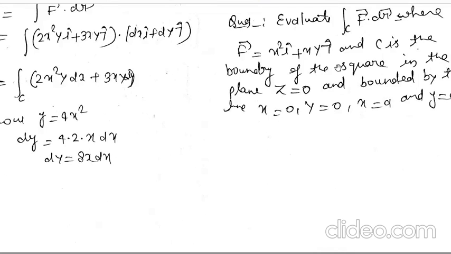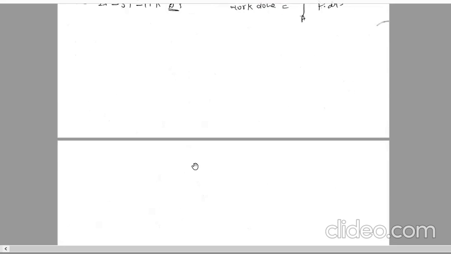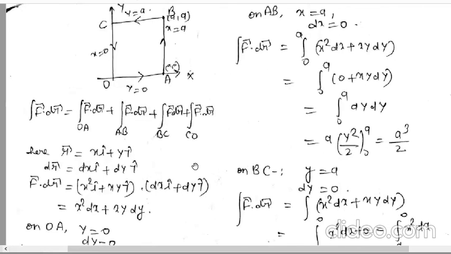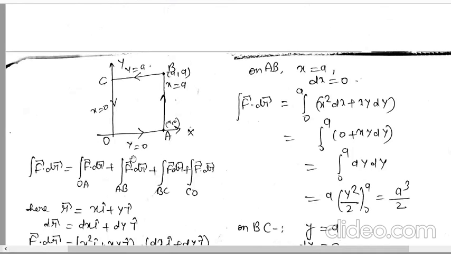To solve this line integral, this is your figure. That means lines are given, y is equal to 0 on the x-axis, x is equal to 0 on the y-axis, and x is equal to a a line parallel to the y-axis, y is equal to a a line parallel to the x-axis. So this is our square.